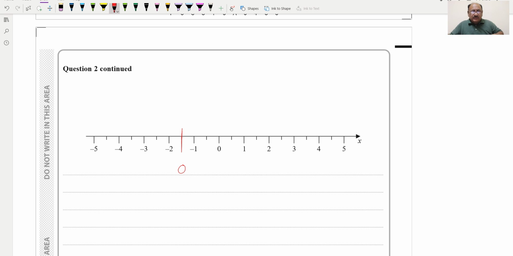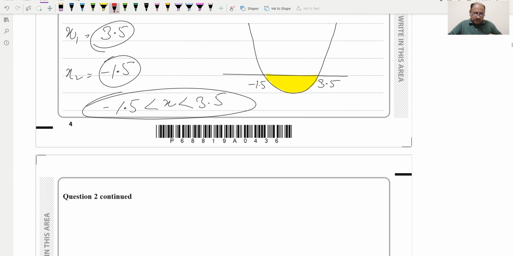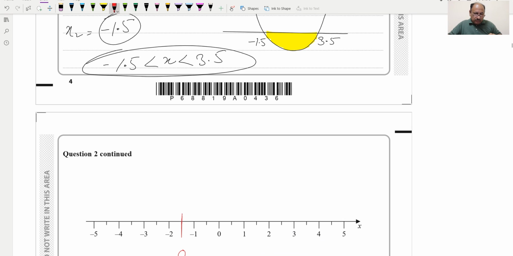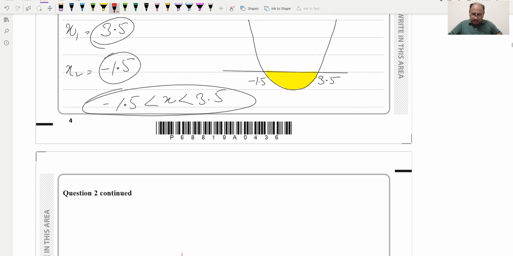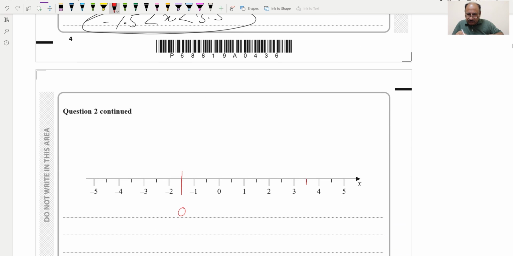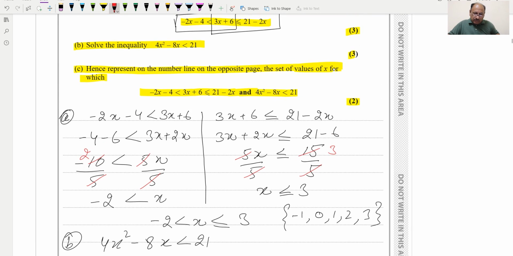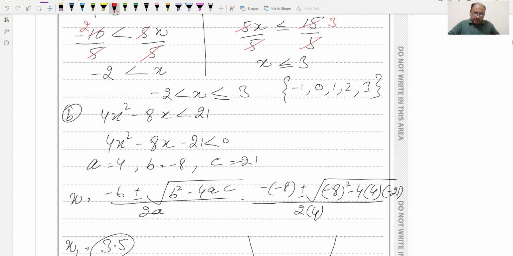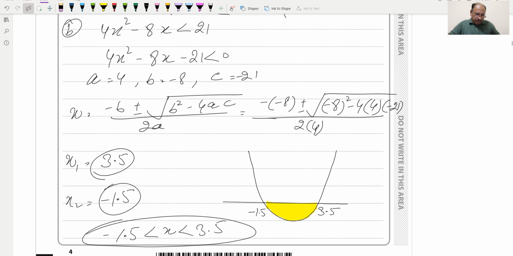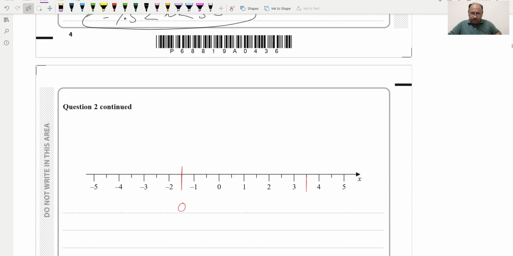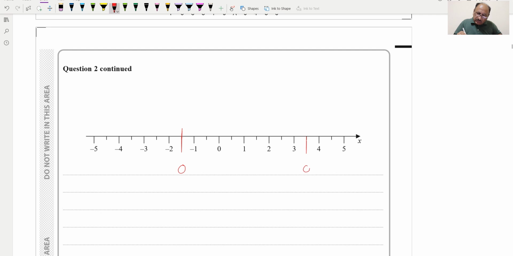And next is 3, x less than or equal to 3. So greater than minus 1.5, and it is on the 3 side that it is included. Basically, if we check this inequality which we have solved, on this side 3 is included. So what we will do, we will draw this circle and fill it on this side because this value is included.